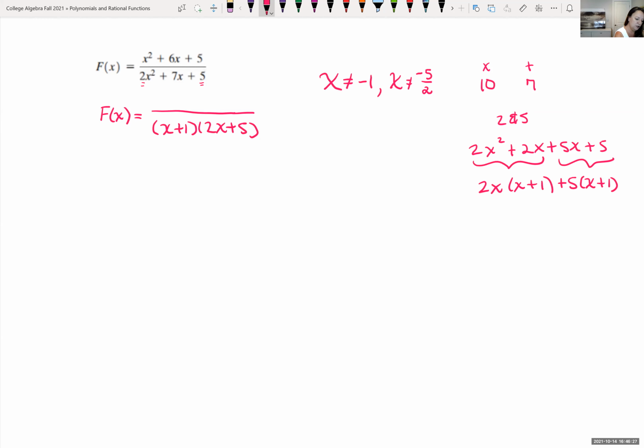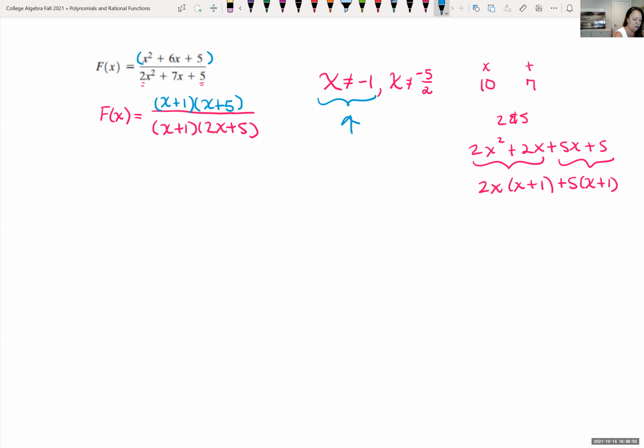Let's factor this numerator. If we factor x squared plus 6x plus 5, there are 2 numbers that multiply to 5 and add to 6, which are 1 and 5. So notice that there is one value which sets both the numerator and denominator equal to 0, and so x cannot be negative 1.